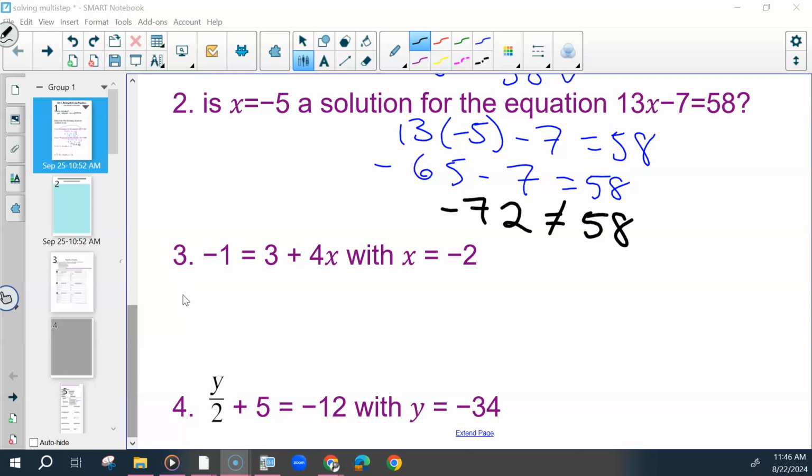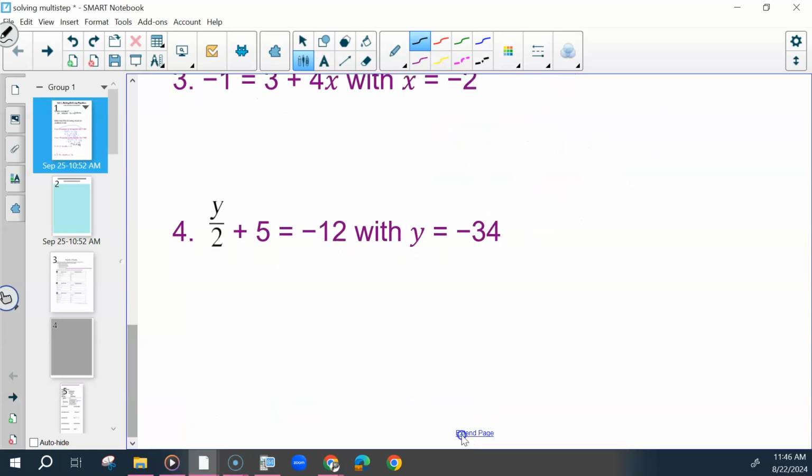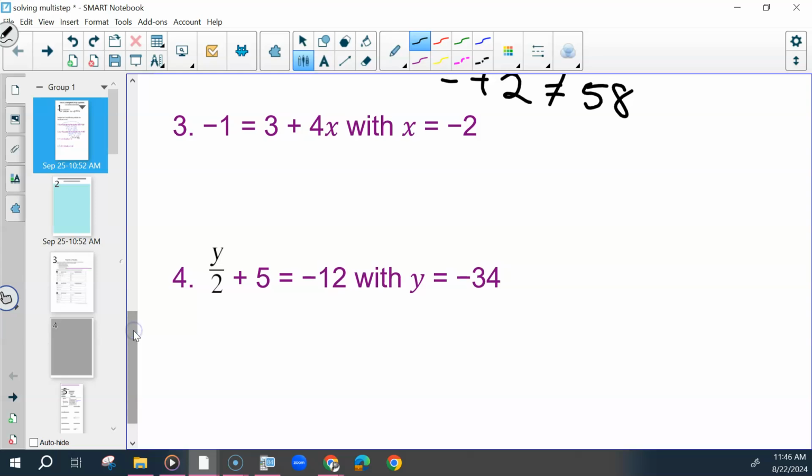While we are finishing maybe that last one, did we get that this was a solution or was not a solution for number 3? It was not. Does anyone need to see that? Yes, okay. So if I were to put negative 2 in for x, I'm just going to rewrite everything else.